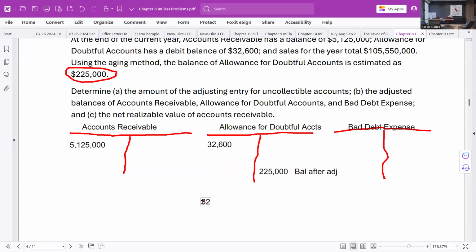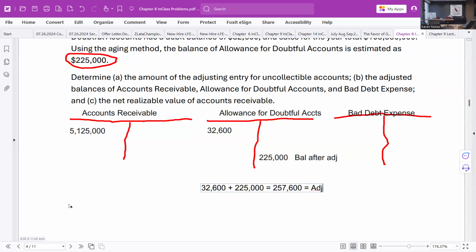We take the 32,600 and add in the $225,000, and that gives us the amount of the adjusting entry we need, 257,600. That's the amount of our adjustment.